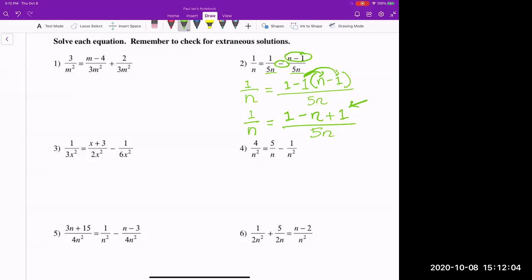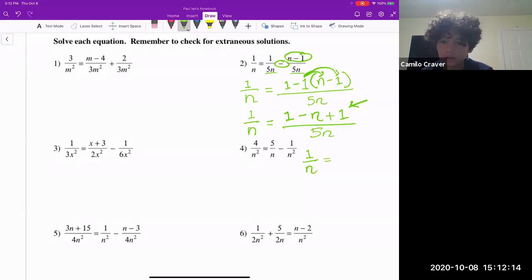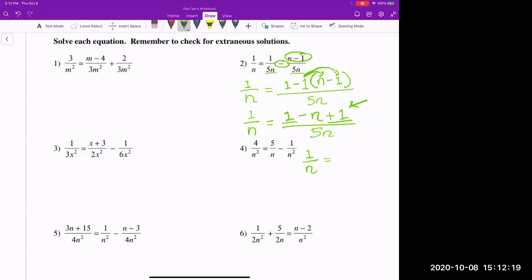That's because of the negative. So what do you do now? 1 minus 1. You do the arithmetic here, right? Yeah. Okay, so 1 plus 1 minus n over 5n. All right, now we have fractions. That's just fractions now. Everything's simplified. What do I do next?